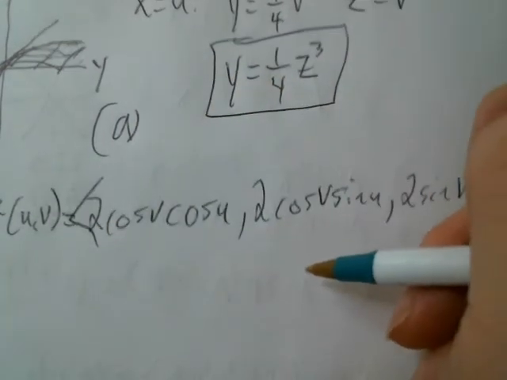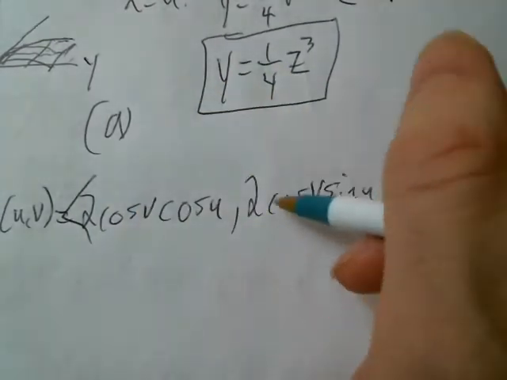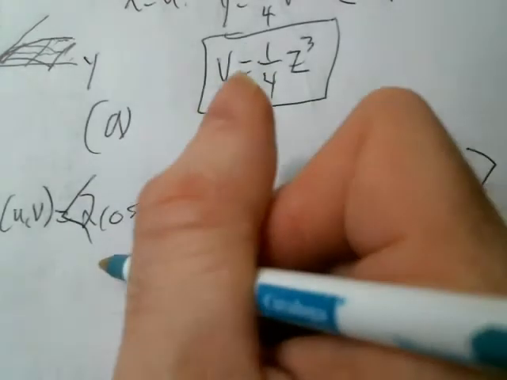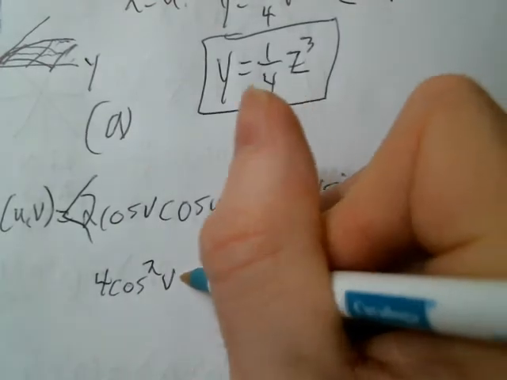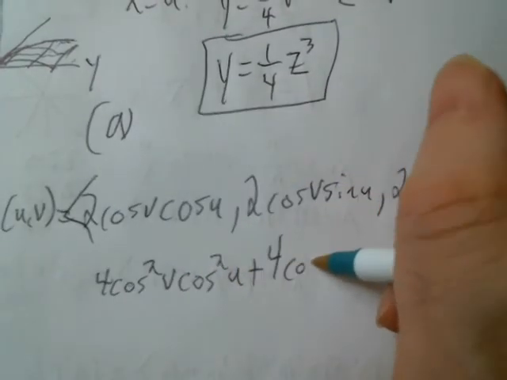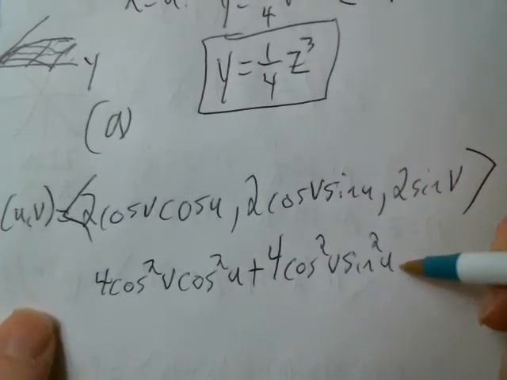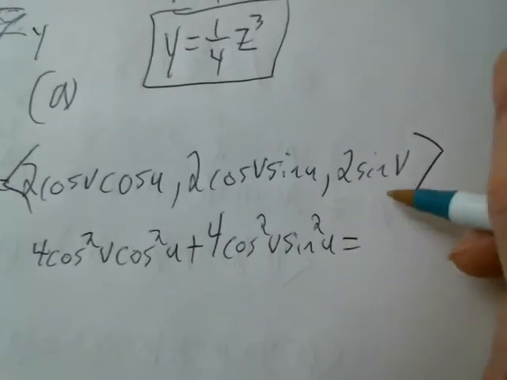And in particular, let's see what happens when we go x squared plus y squared or some variation of that. So you get 4 cosine squared v cosine squared u plus 4 cosine squared v sine squared u, and that's x squared plus y squared right there.